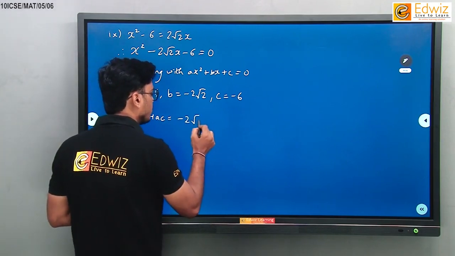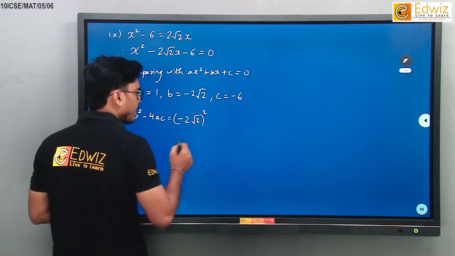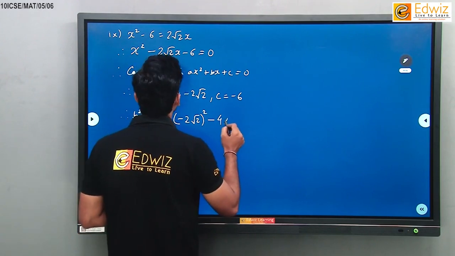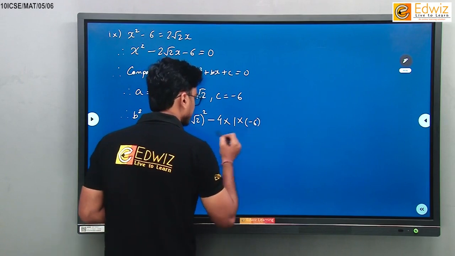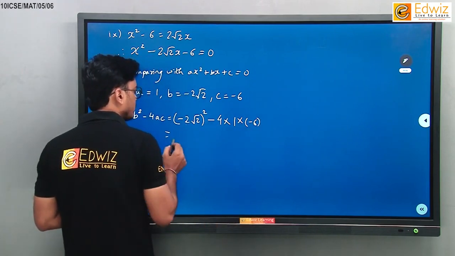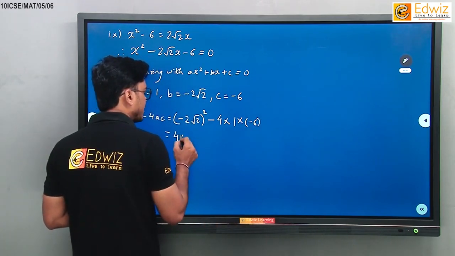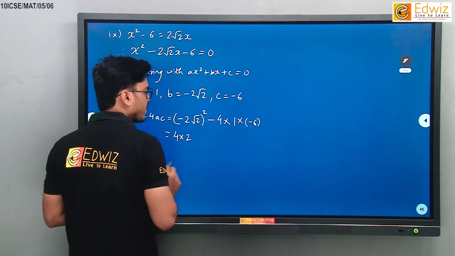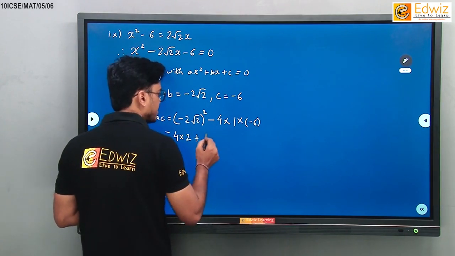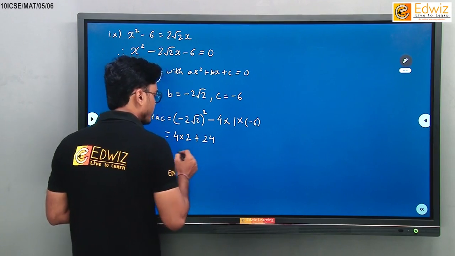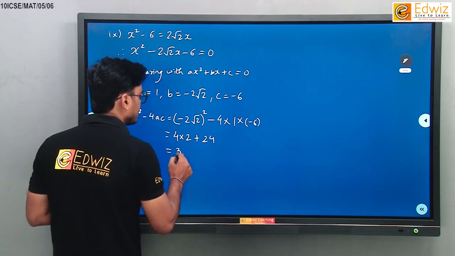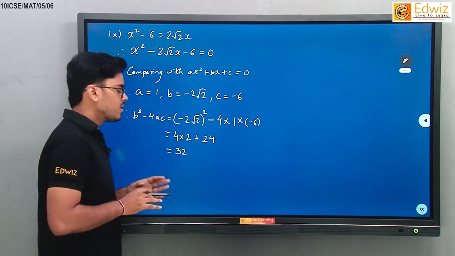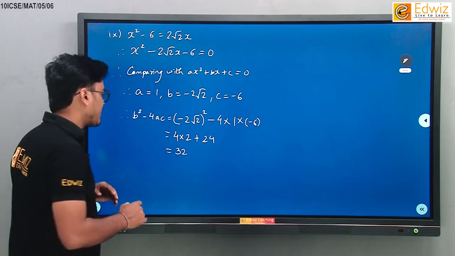Minus 2 root 2 the whole square minus 4 multiplied by a is 1, c is minus 6. So this will be positive 4 multiplied by root 2 square, that is 2. Minus minus plus, 4 6s are 24. 4 2s are 8, 8 plus 24 is 32. So this time we have 32 as the value of b square minus 4ac.